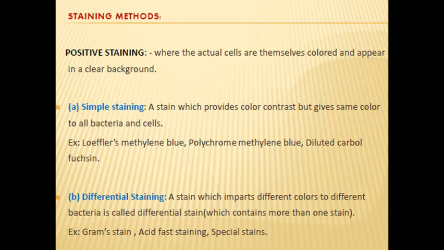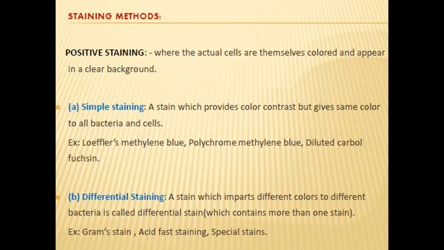The positive staining method is where the actual cells are themselves colored and appear in a clear background. What is positive staining? The actual cells are themselves colored and appear in a clear background.